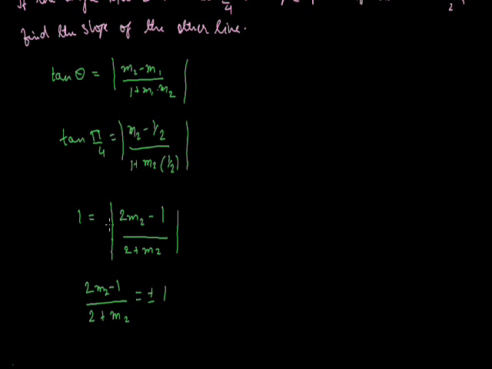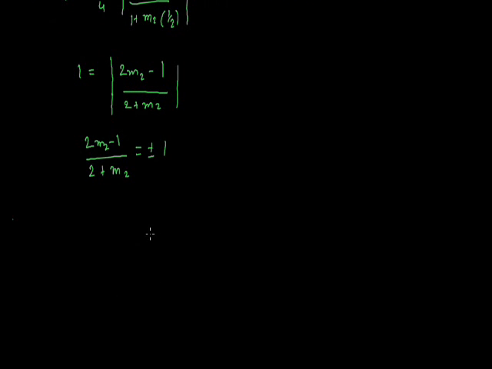So when we remove the mod, the other side becomes plus or minus 1. So now equating this, we will get two cases. First case is 2m2 minus 1 upon 2 plus m2 equal to 1, and the other case is 2m2 minus 1 upon 2 plus m2 is equal to minus 1.